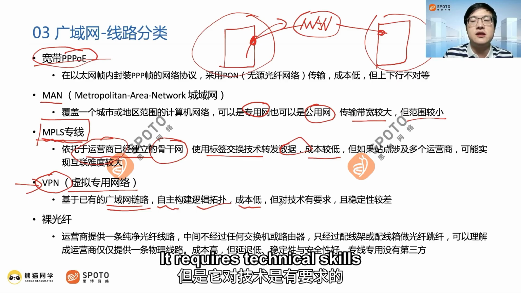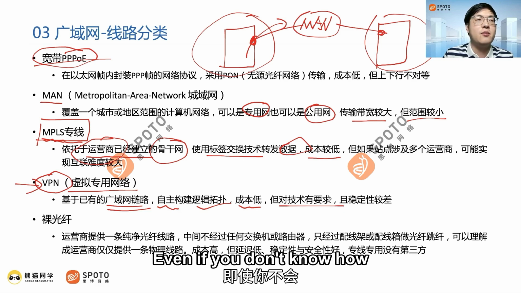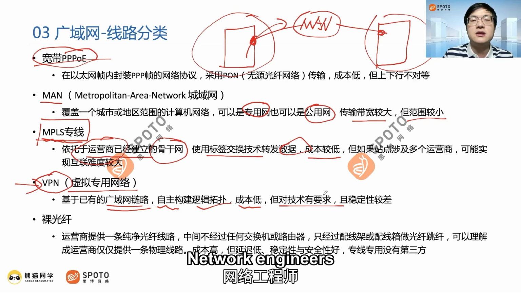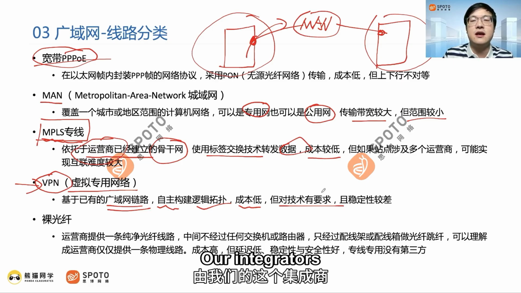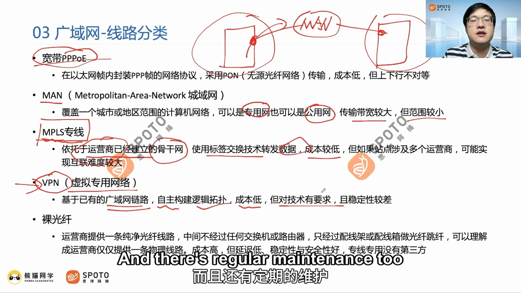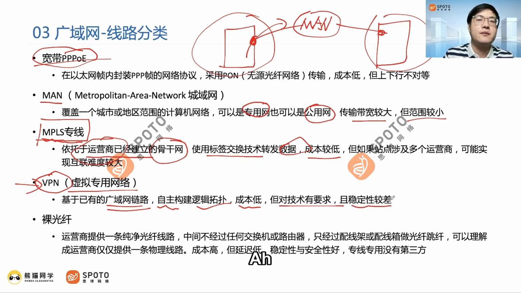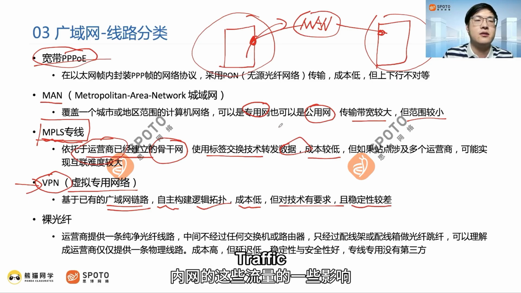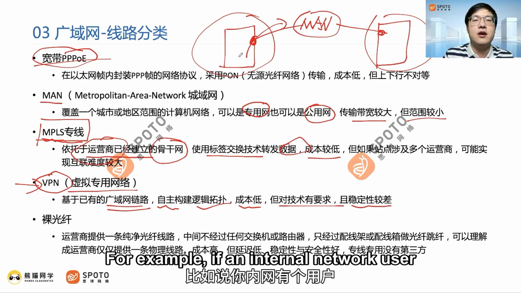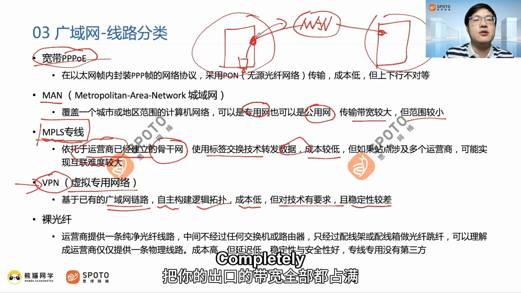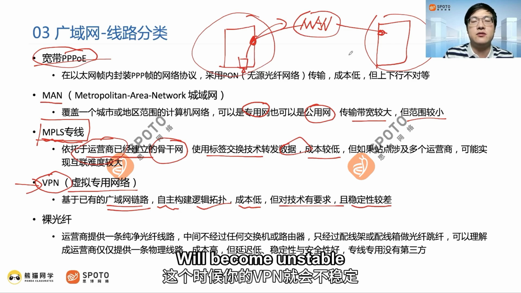But it requires technical skill, so you still have to pay our network engineers, or buy a service. Our integrators will configure these things for you. Also, its stability is relatively poor. It will be affected by your traffic. For example, if someone is downloading video, saturating your bandwidth, at this time your VPN will be affected.